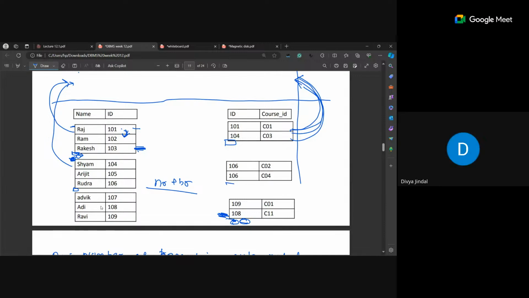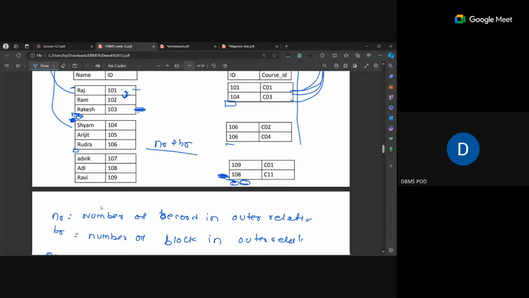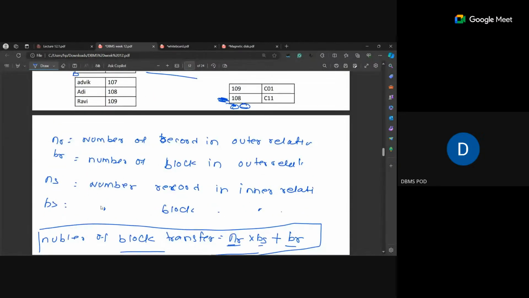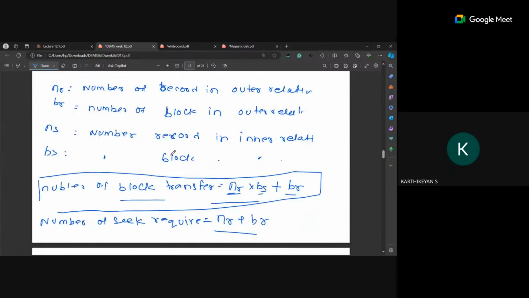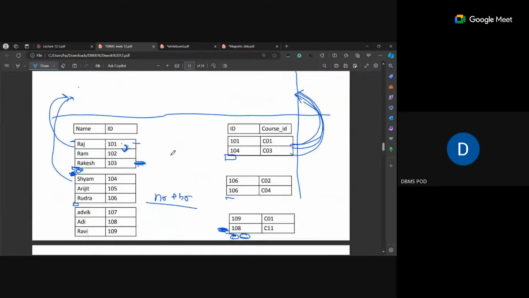And then for every record, the head has to seek all these blocks once more. But when we seek to Raj and take it to main memory, we take the entire block: Raj, Ram, and Raj.